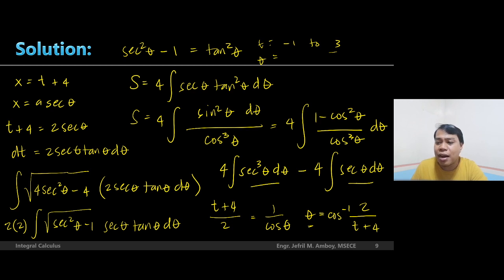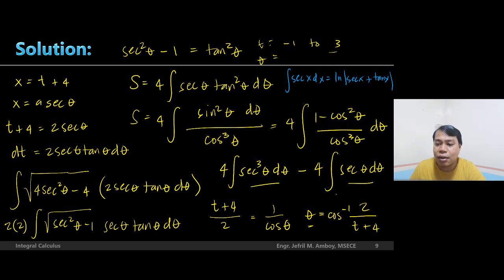Now, para naman sa term na to, integral ng secant theta. Di ba alam na natin yan? May formula para sa integral ng secant theta. Integral of secant x dx equals ln of sec x plus tan x. Ayan. So, i-evaluate mo lang yan dun sa limits na nakuha natin.